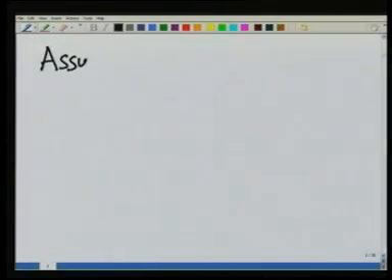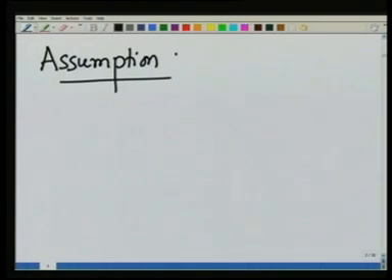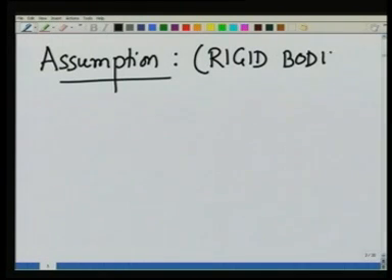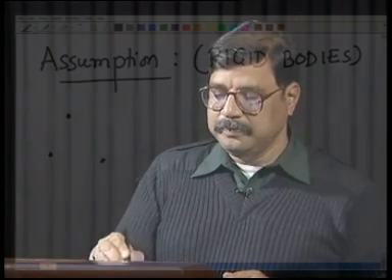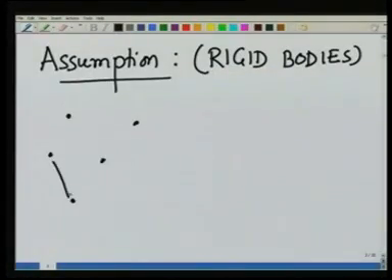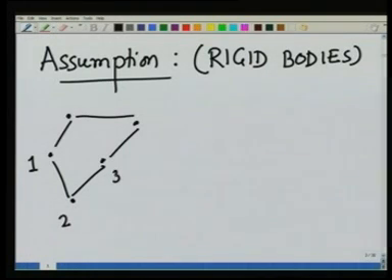So, I am going to make an assumption and this assumption defines what are known as rigid bodies. The assumption is that given a system of particles, when I move them, so let me again number them 1, 2, 3, 4, 5.